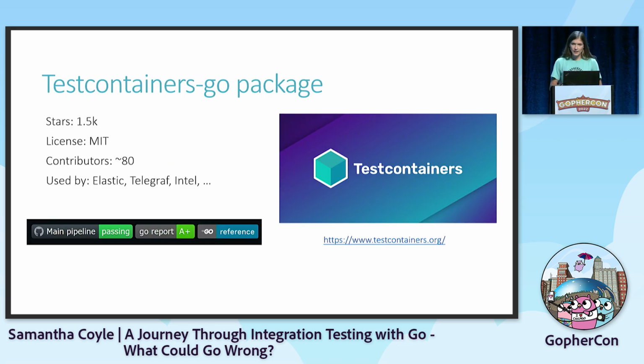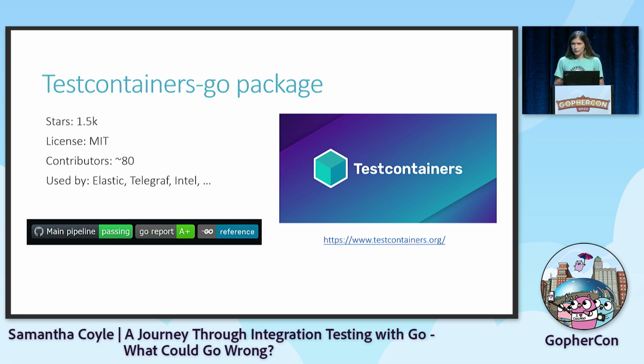So for our test dependencies, we ended up using this package called TestContainers-go. This is the backbone of our integration testing solution. It's a package that's a wrapper around the Docker daemon that's designed for testing. So anything you can run with Docker, you can spin up with TestContainers-go as a way of better integrating with your tests. And you can see there's a lot of good going on here, right?